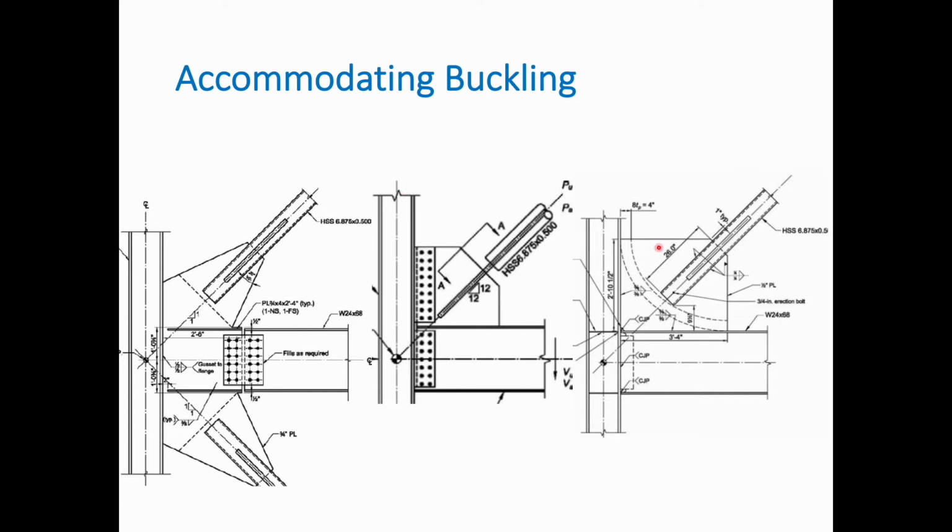For this third option, which is a bit more complicated, Washington University has done some experimental work, and this is a kind of elliptical formation of the plastic hinge. So there are some trigonometric rules that tell us exactly where that plastic hinge will take place. The gusset plate here is bigger, as you can see, and it has to be thicker as well, because the plastic hinge will form near the ends of that plate.